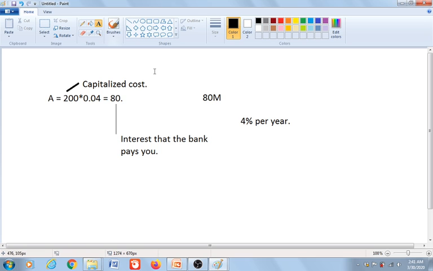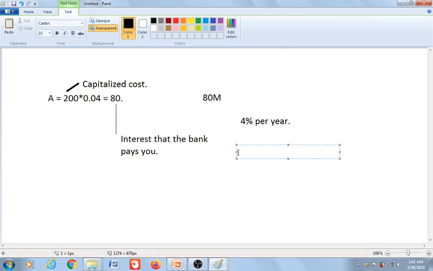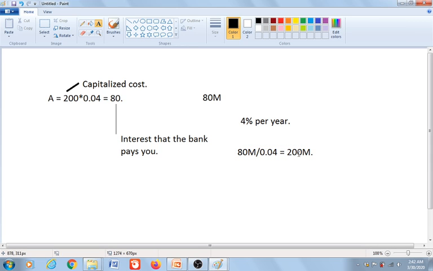And the answer should be 80 million over 0.04, and that will be 200 million. So the 200 million is the capitalized cost.